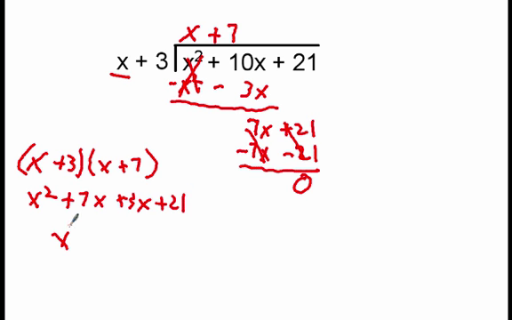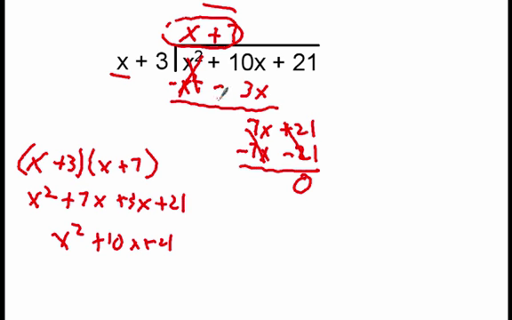Combine our like terms, we get x squared plus 10x plus 21, or the numerator from our original problem. So we know that we've done our division correctly. Our answer has to be x plus 7.